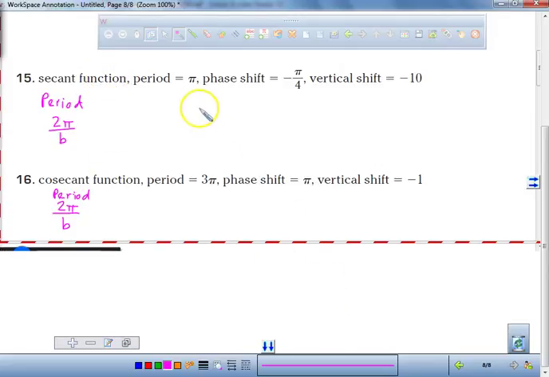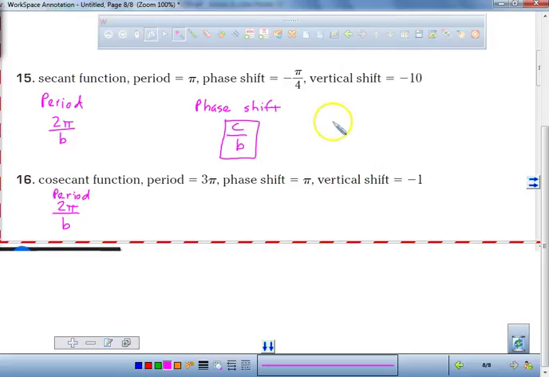All right? Now, there's the phase shift formula, just so you guys know, for all of them. The phase shift formula, thank God, is still just c divided by b. So no matter which one you're working with, 13, 14, 15, or 16, for any of these graphs, the phase shift is still what? C over b.